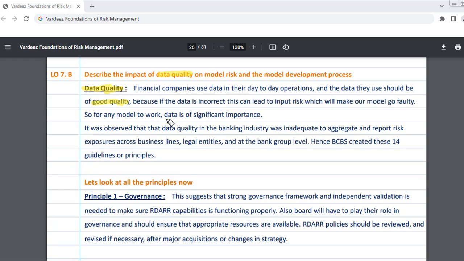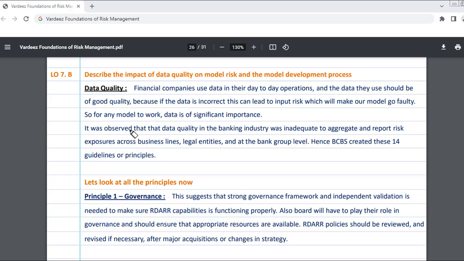This goes without saying, because if the data is incorrect, this can lead to input risk. This is a major risk, because if the input you put into your model is incorrect, the model will give you incorrect estimations, which will indirectly make our model go faulty. So for any model to work, data is of significant importance.